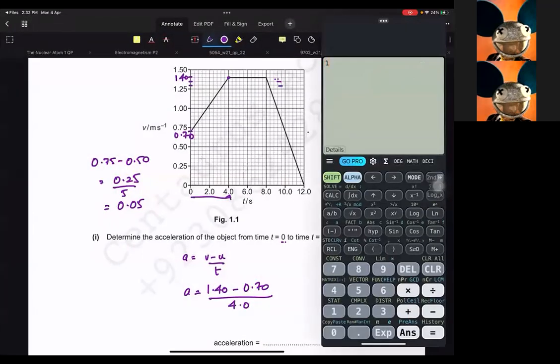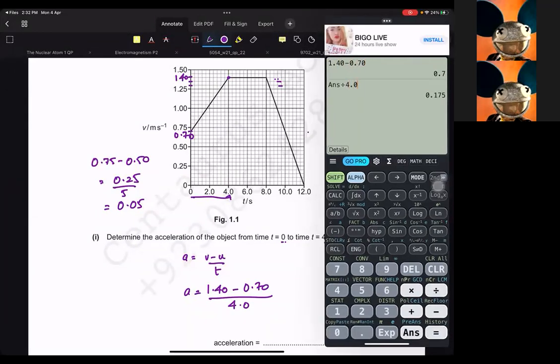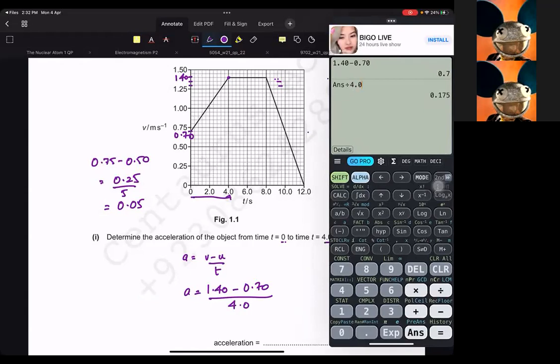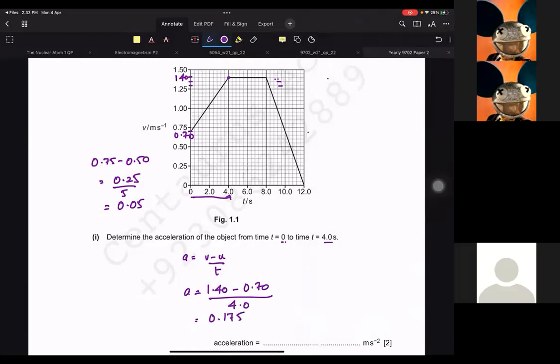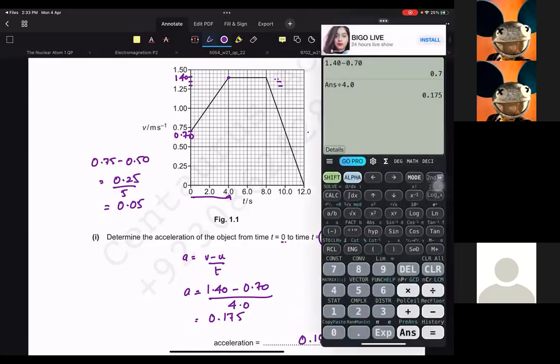And then you do that. So that is 0.175. Now, I just want to tell you this. All right, well, it's writing 0.175, but because in our data, the minimum significant figures were 2, it would be ideal that you follow the same rule of writing 0.18. All right.